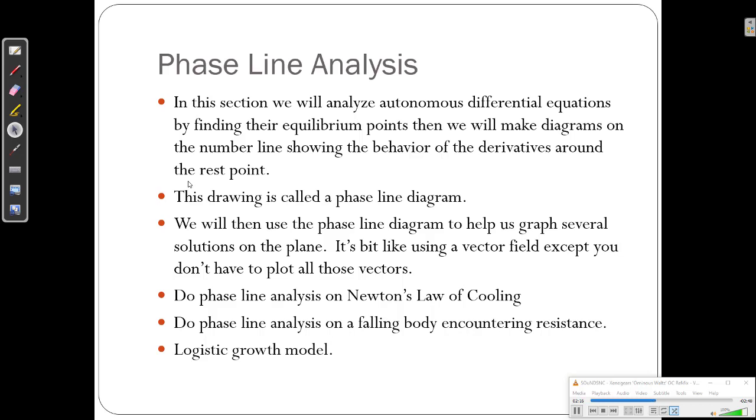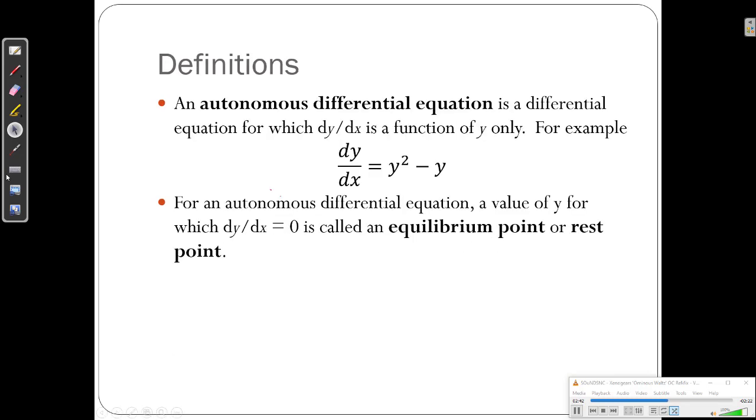Then we're going to use that diagram to help us graph a bunch of solutions to the differential equations. It's a bit like how we were following the vector fields in the beginning of this unit when we talked about vector fields and slope fields, but this is using the formula given to us by the autonomous differential equation.